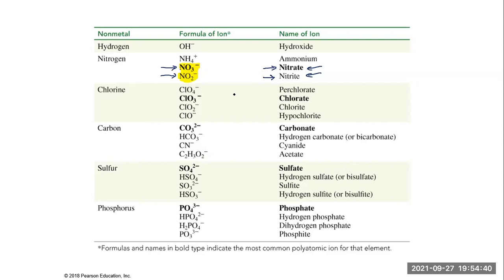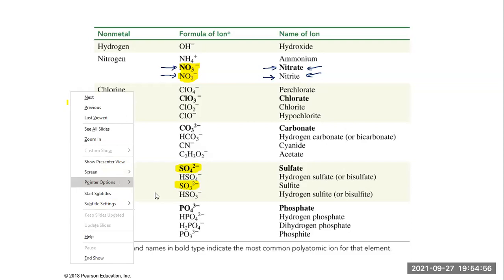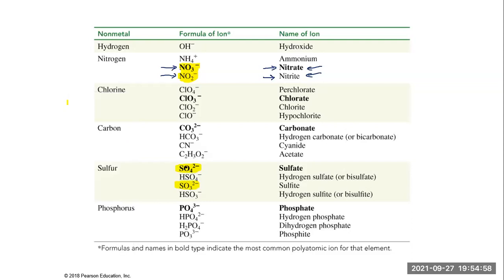When we look at, for example, SO4 2 minus, which is down here, and SO3 2 minus, these two are related to each other. The only difference is the number of oxygens. One has 4, which is this one. One has 3. They both have a -2 charge. The one with 4 oxygens is sulfate.